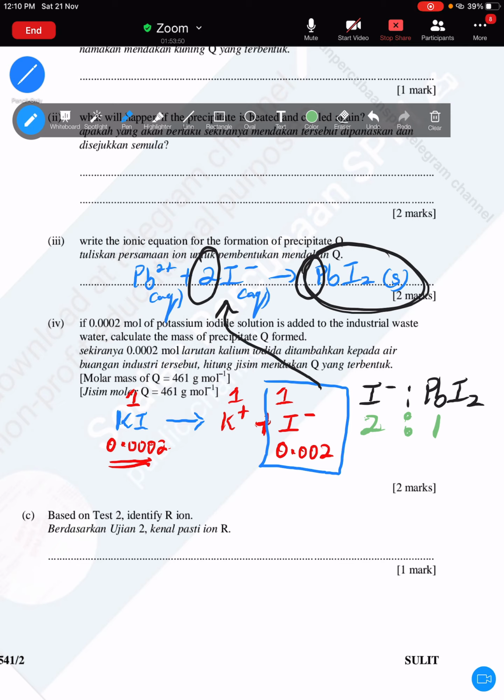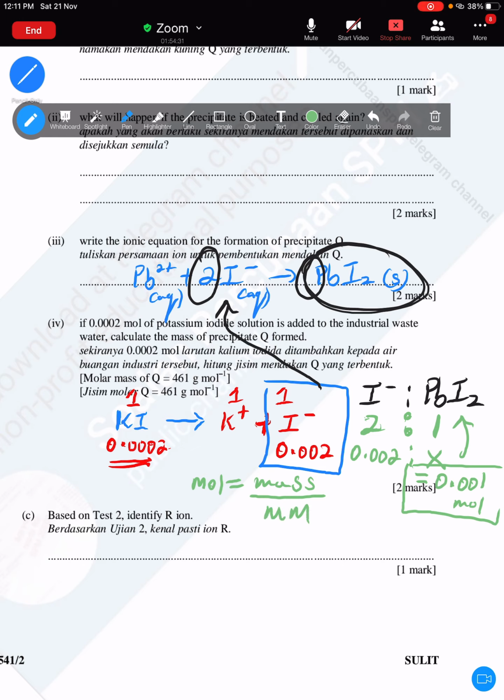Okay, since over here is 0.002 and the PbI2 you do not know, can you calculate? It's going to be 0.001 mole. Guys, since this is 0.001 mole, can you calculate the mass of the PbI2? Of course, we know mole is equivalent to mass over molar mass. Can you tell me the molar mass of PbI2?